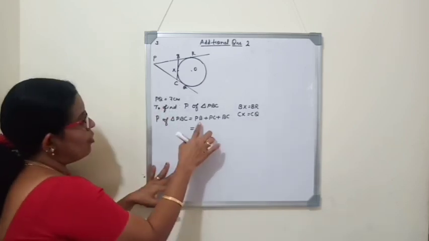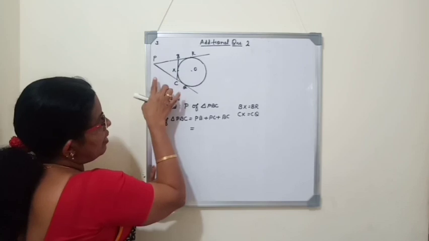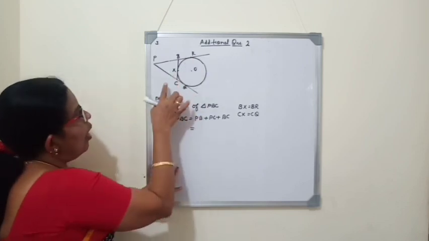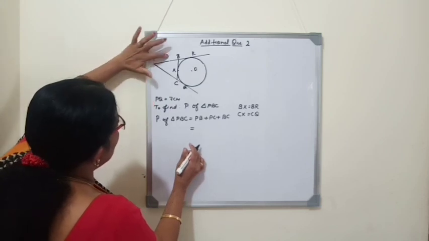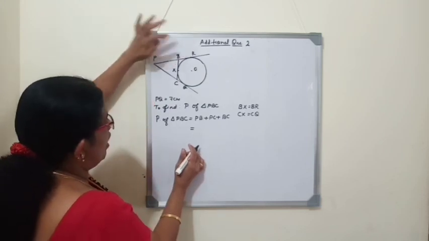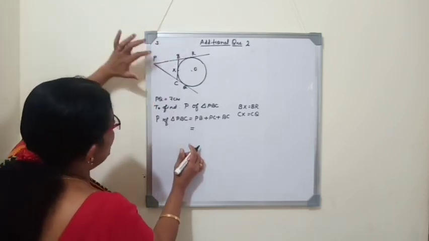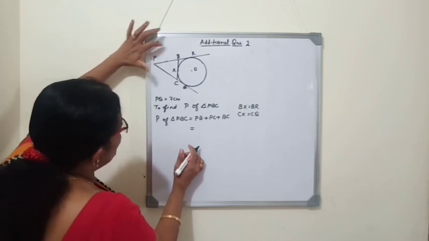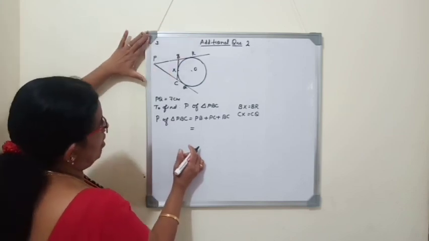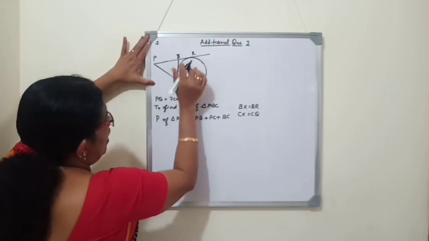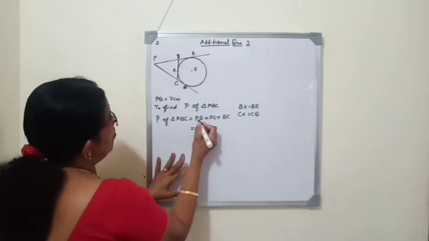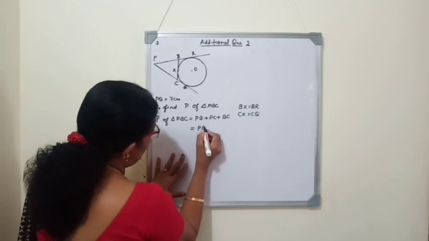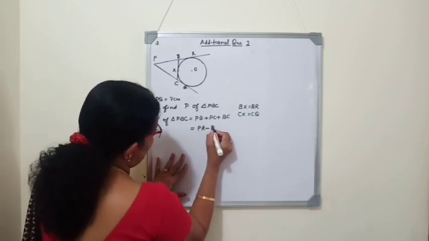Now, we are going to change PB in terms of PR. Only PB we want to find the perimeter, but we have only the value for PR. So, how can we change PB? PB is nothing but PR minus BR. From the total length PR, if we subtract BR, we will get PB. So, we will change PB as PR minus BR.